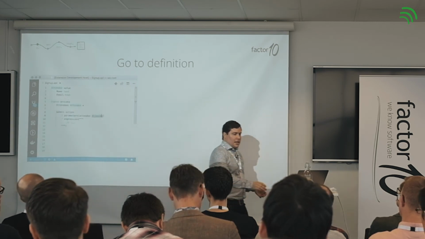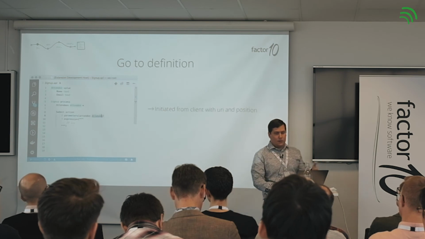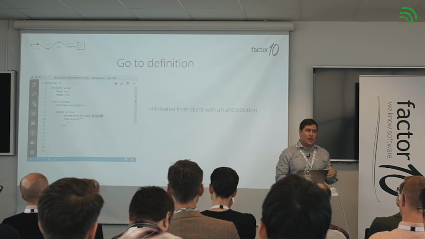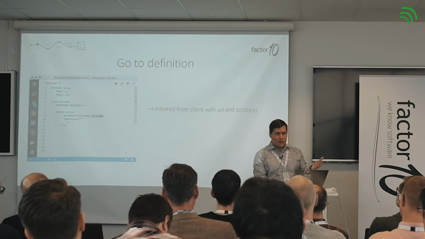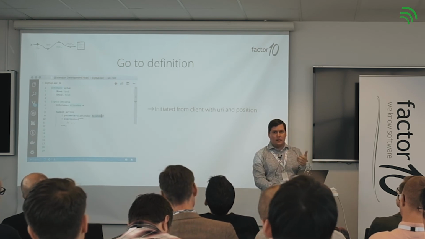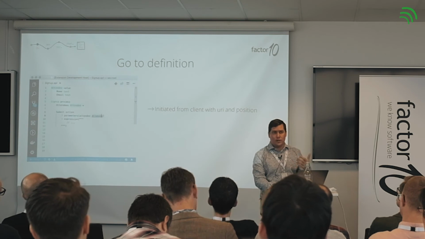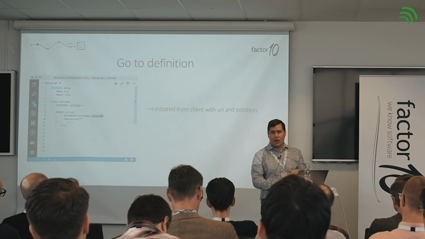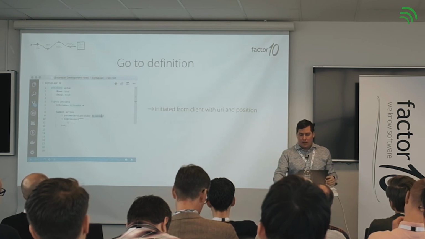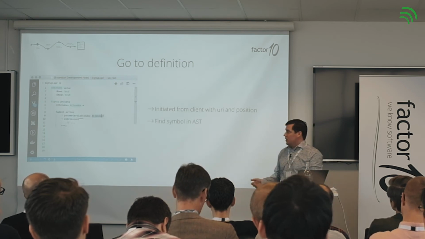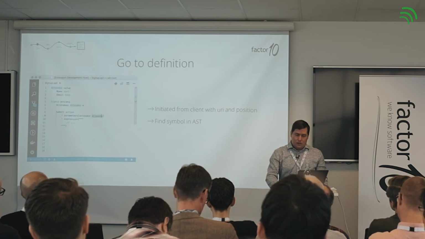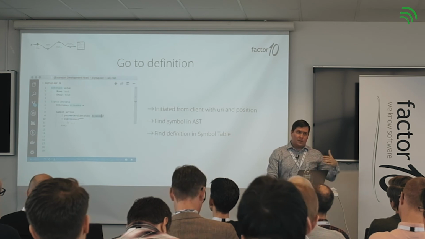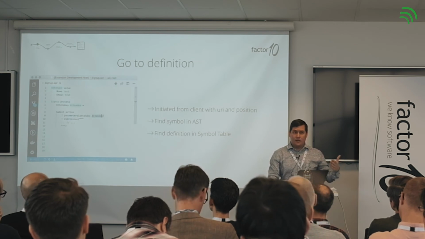It's the same thing here. The editor will tell the server, so it will be initiated from the client, saying, okay, I'm in this file, this is the URI, this is my position, and it expects a reply with one or more locations, which are possible definitions of this thing if you have multiple definitions. So what you need to do is look in the AST to find this symbol, and in the symbol table to see where this is defined.